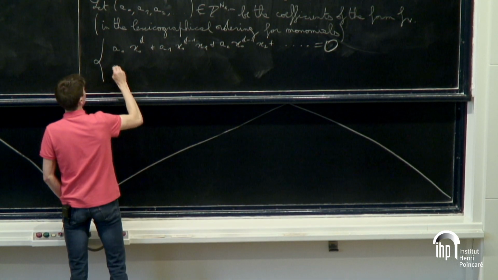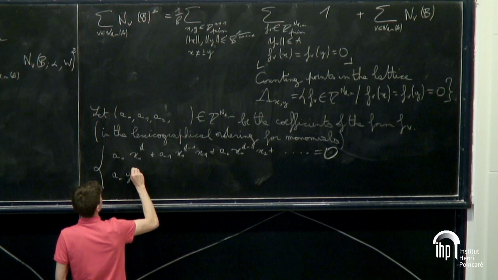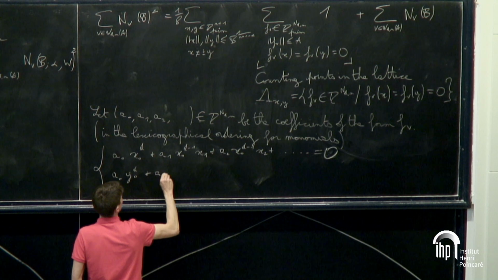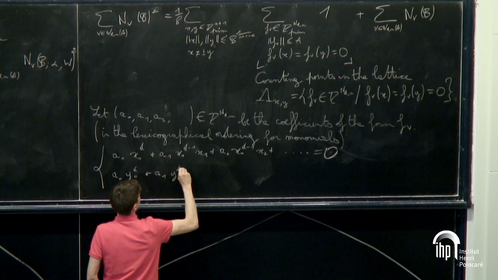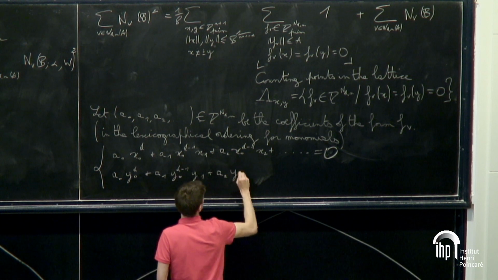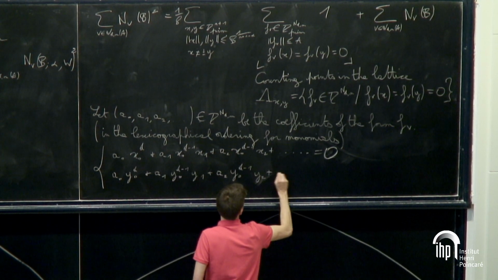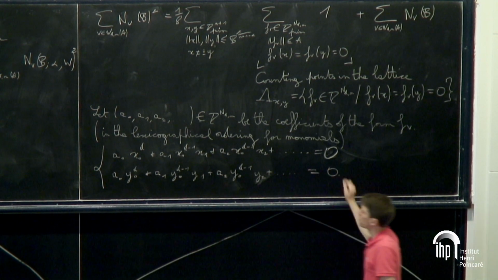And same here with y0, y1, and y2. So a0 y0^d plus a1 y0^(d-1) y1 plus a2 y0^(d-1) y2 plus, etc. equals 0.